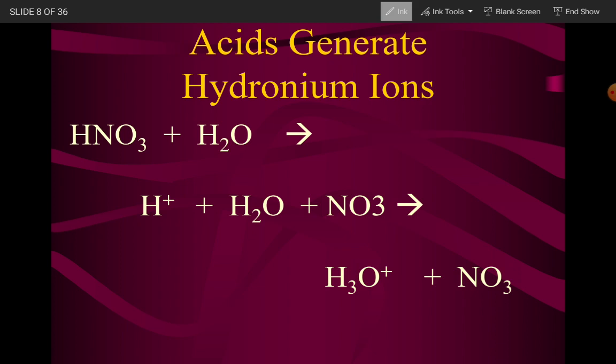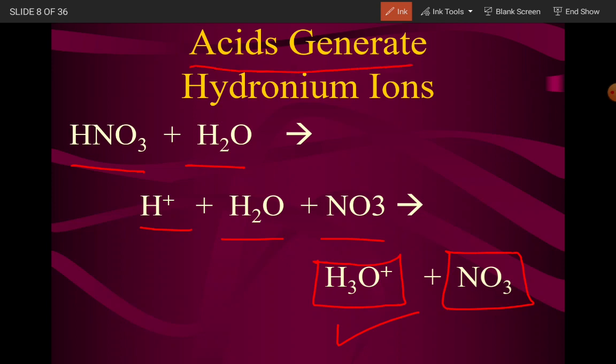Here, first we take HNO3 and H2O, then we get the compounds. Finally, this is our main compound which is required, and NO3 minus is also taken out. This compound shows that the acid generates hydronium ions.